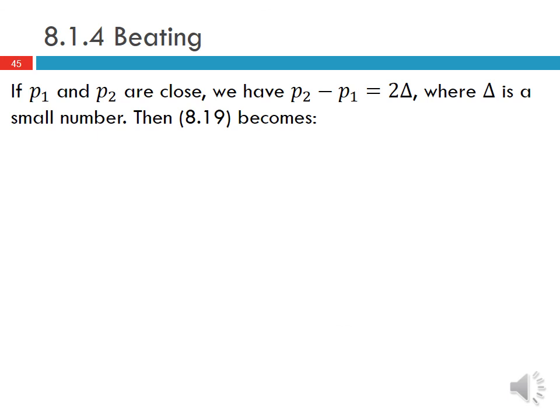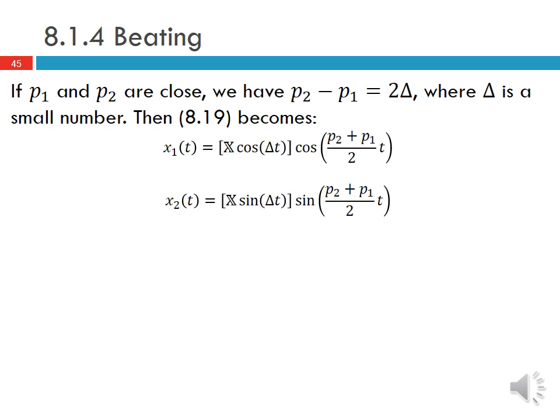Now, if p1 and p2 are close, then p2 minus p1 is 2 delta, where delta is a small number. So we can rewrite our equations as shown here, replacing that p2 minus p1 over 2 term with delta, this small number.